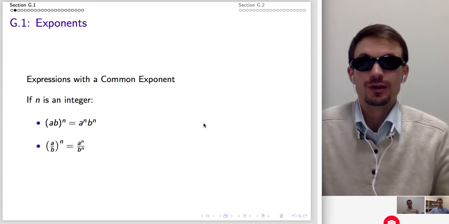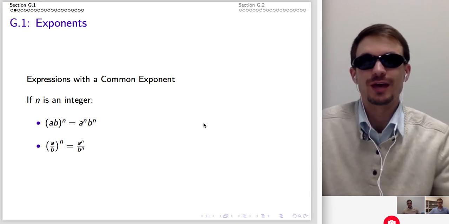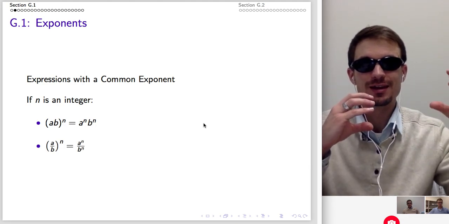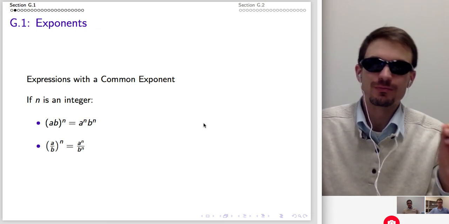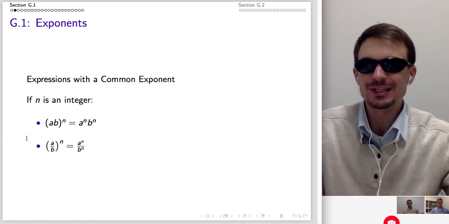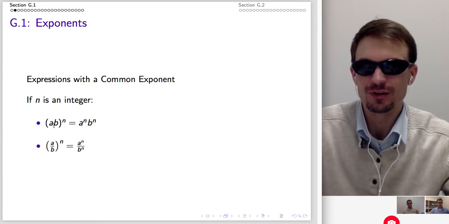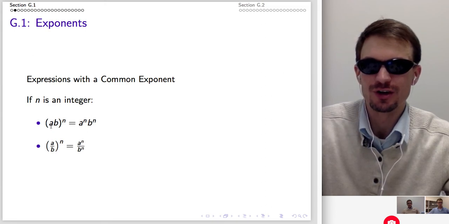Okay, so suppose we have expressions with a common exponent like these. So suppose we have this collection ab to the n, right? What do we do now? Well, it's not quite distributing, but you can attach that exponent to everything inside the product. And a really key thing to make sense out of here is that, look, this is multiplication. This is not addition. This is a multiplication here.